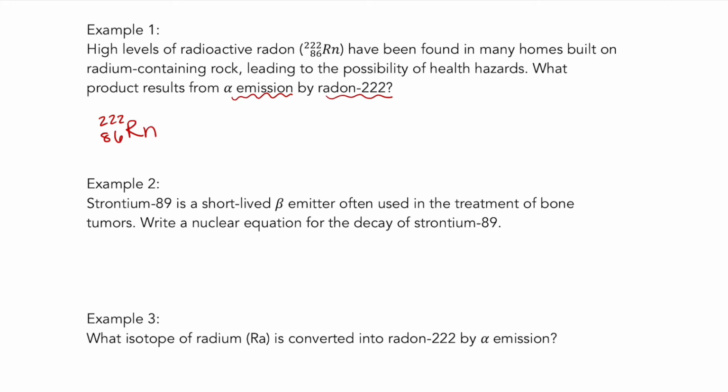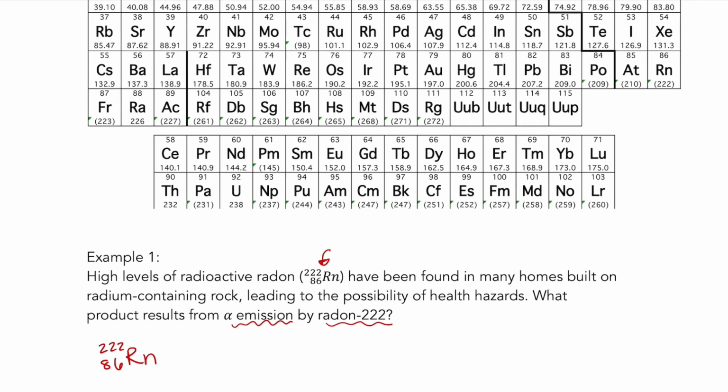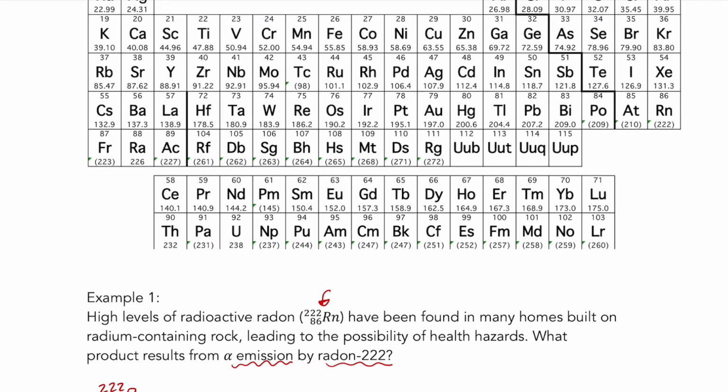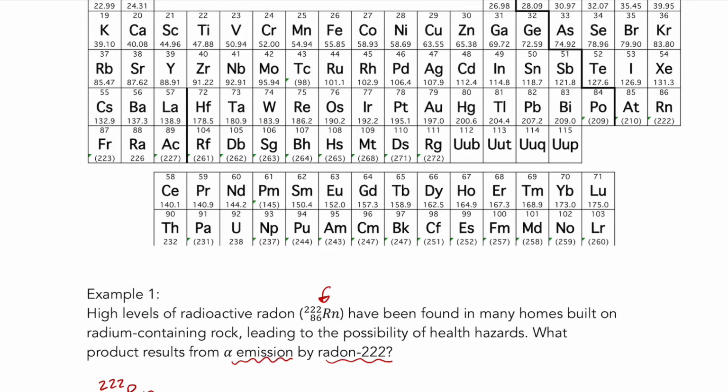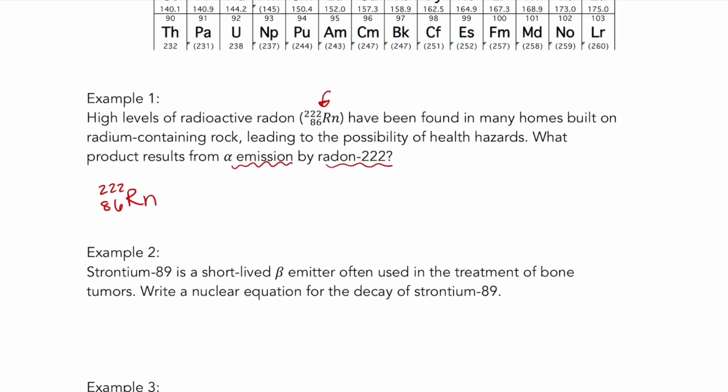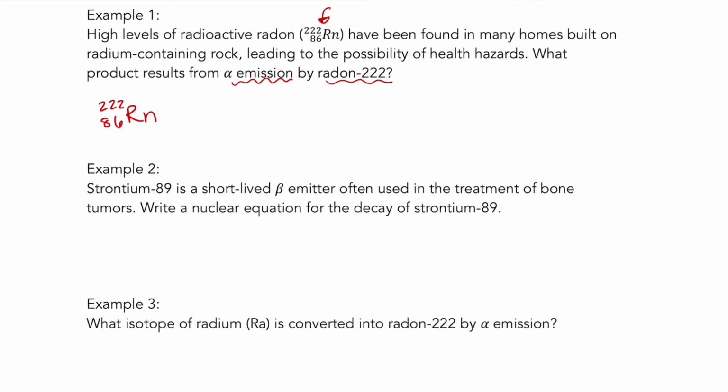Radon-222, its atomic number is 86, shown by this one here. I could look up here too, 86, right there. And I've got alpha emission. So radon-222 undergoes alpha emission.